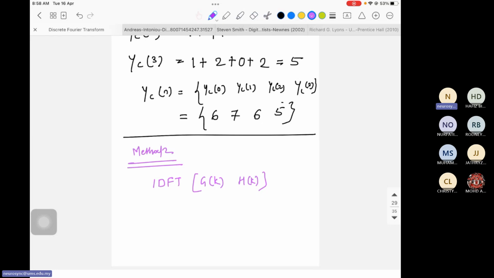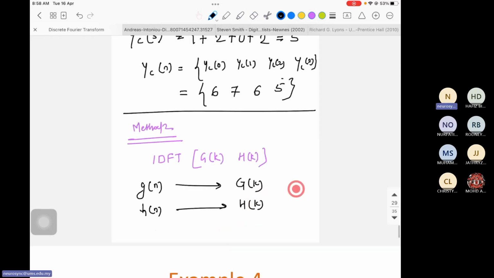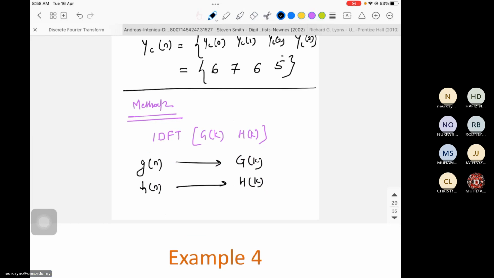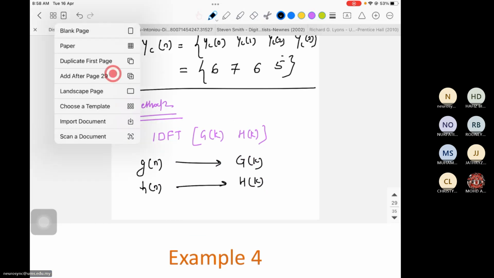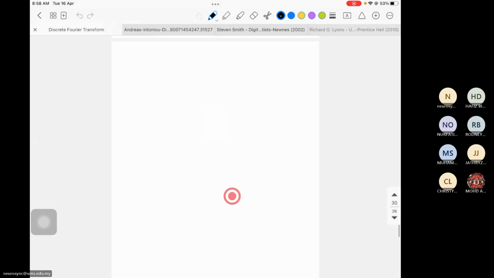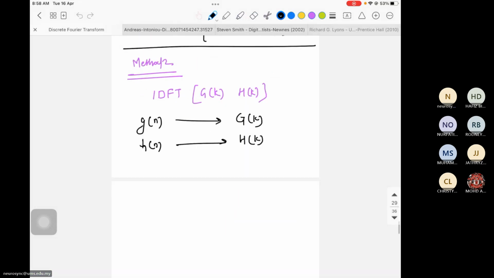Okay. So what I need to do here, I'm having g of n, I'm having h of n. So from g of n, I will calculate capital G of k. From this, I will calculate capital H of k. Then, this G of k is what?